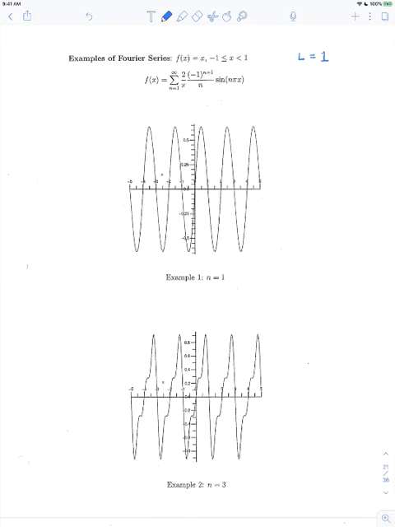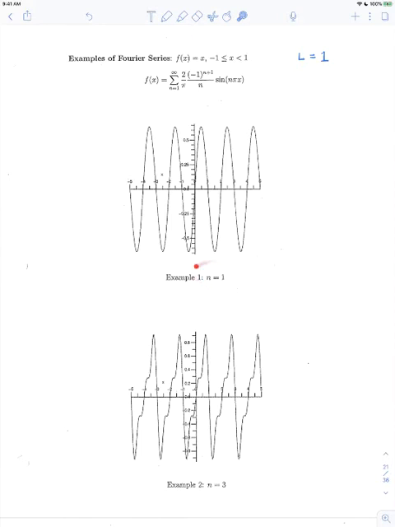And in that case, you just set L equal to 1 and you get f of x is equal to this sine series here. The sum n equals 1 to infinity of 2 over pi times minus 1 to the n plus 1 over n times sine of n pi x. So let's graph this for a few choices of n, in other words, how many terms we're adding together.